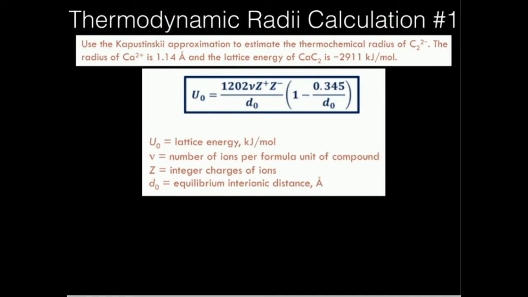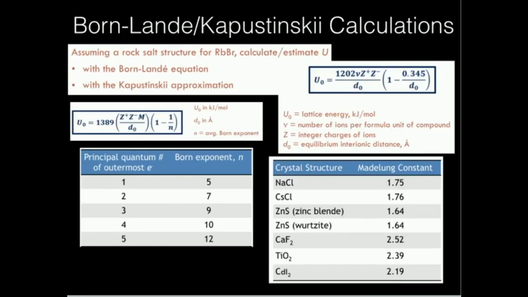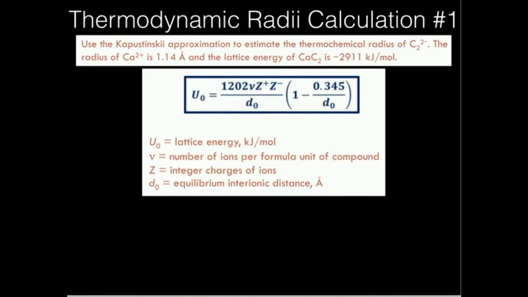And the reason sometimes we don't know the thermodynamic radius is we don't have simple compounds like rubidium bromide. Sometimes we have something, like in this problem, where we have an anion that's C2 2-. What is that? I mean, can you really look up the radius of that with respect to calcium? No, you can't.